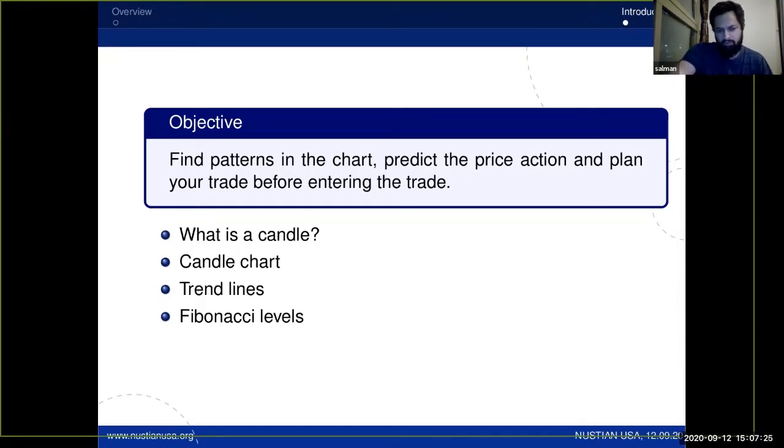These things will be explained in more detail as we go in the chart, but I will be talking about the candle. What is a candle? Basically, how the candle charts look, what trend lines are, how to make a good trend line, and what the trend line represents. And I think my favorite part is the Fibonacci levels.